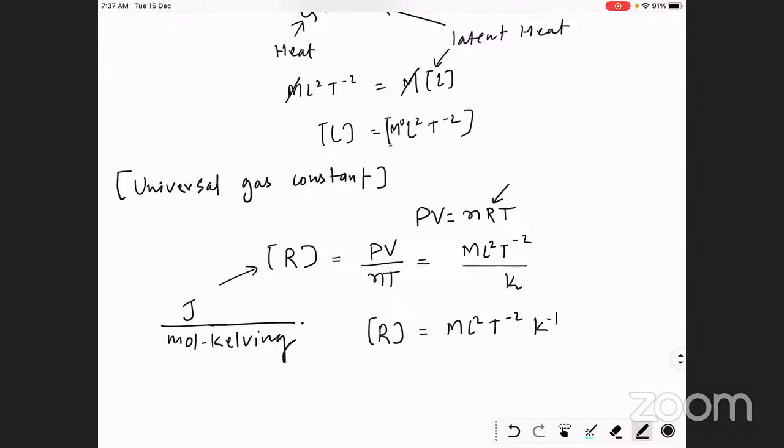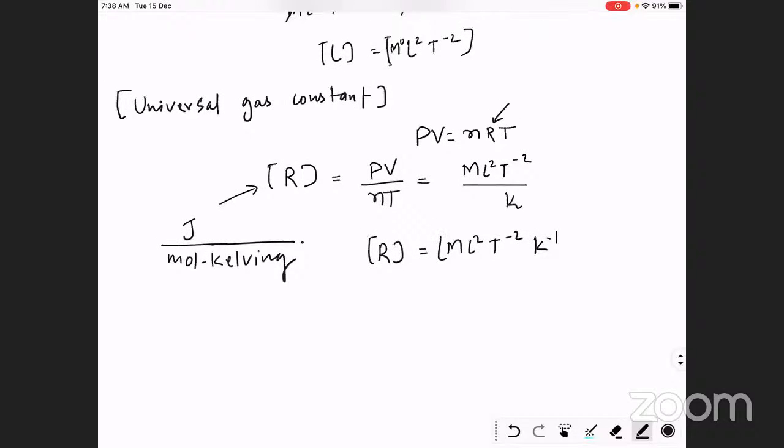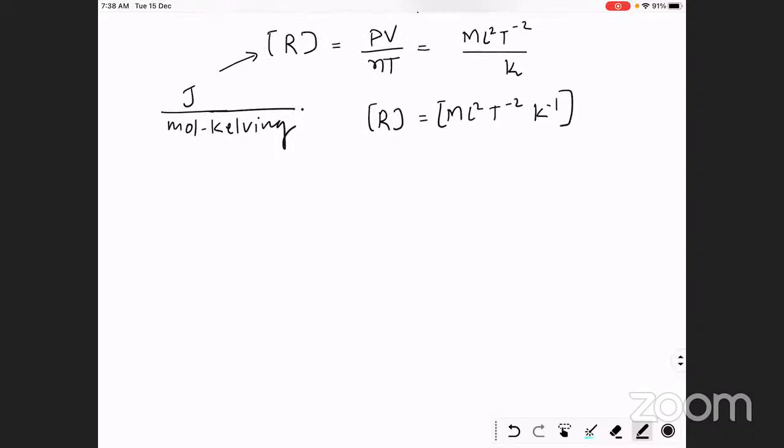Amount of substance is a physical quantity, but we have never written its dimensional formula. When mole comes in a dimensional formula, we consider it as a number, so we can ignore it. In dimensional analysis, there is nothing for mole.